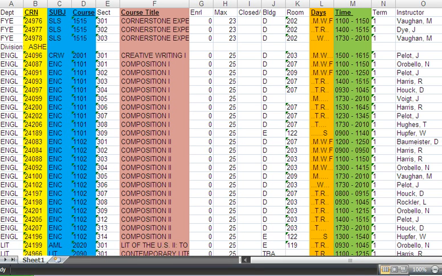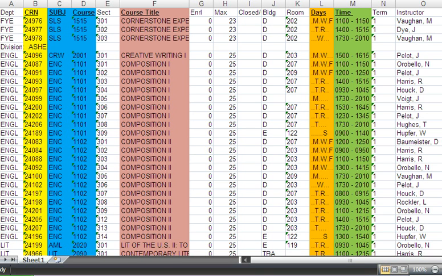Okay. Another field that you'll be required to complete is the subject course field, and you can see I've highlighted those two columns in blue, so it's right next to the CRN column. So in the subject course field on your registration form, you will fill out, let's use the very first example up here, SLS 1515.